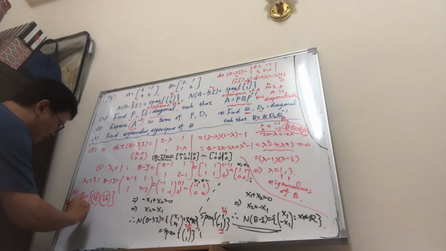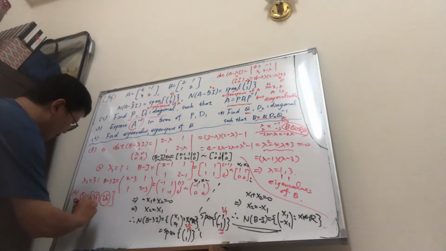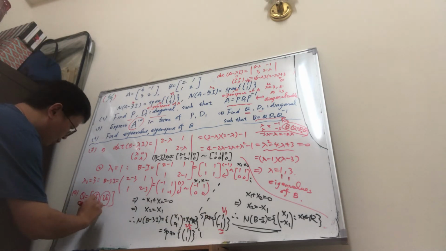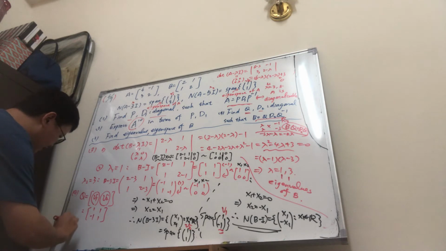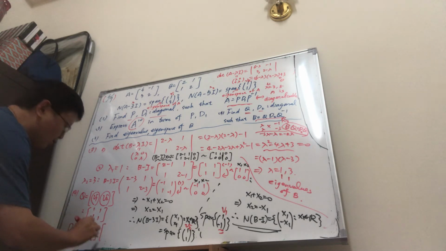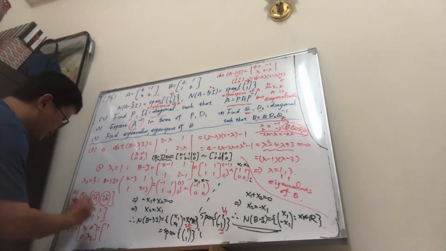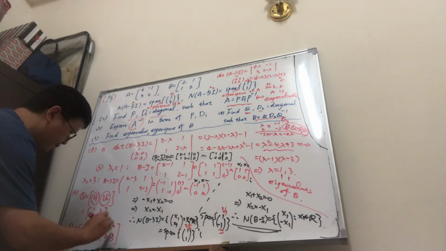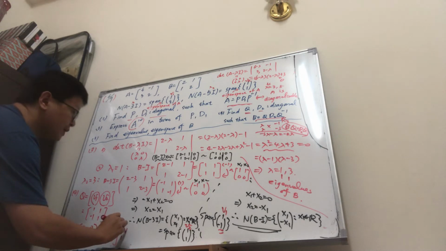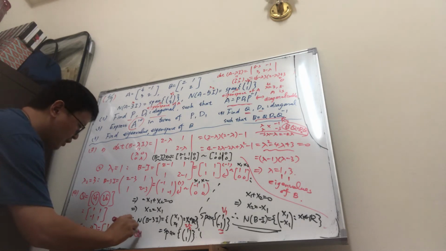So Q is the matrix (1, 1; negative 1, 1). And D2 has eigenvalue lambda 1 as the first diagonal entry and eigenvalue lambda 2 as the second diagonal entry. So lambda 1 is 1, lambda 2 is 3. Then we have the form B equals Q D2 Q inverse.